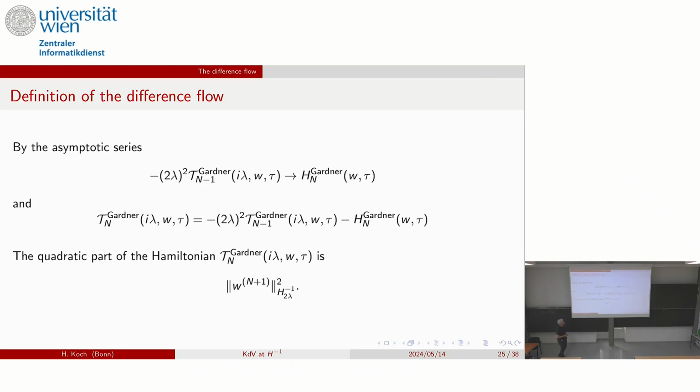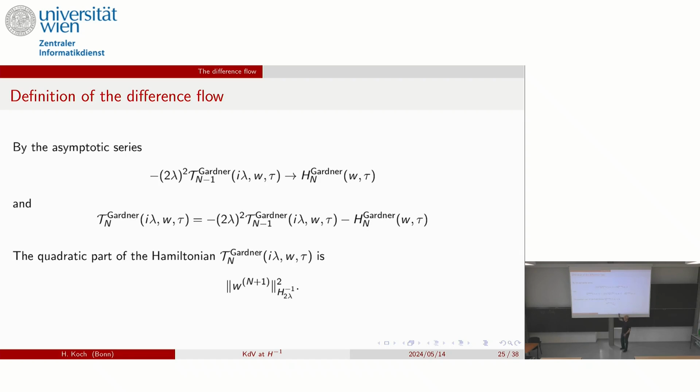What is important is to look at the quadratic term of this approximate Gardner, or the truncated partial sum of the Gardner, and that is the n plus first order derivative. So you gain 1 in the derivative, but you measure it in H^-1 to lambda.